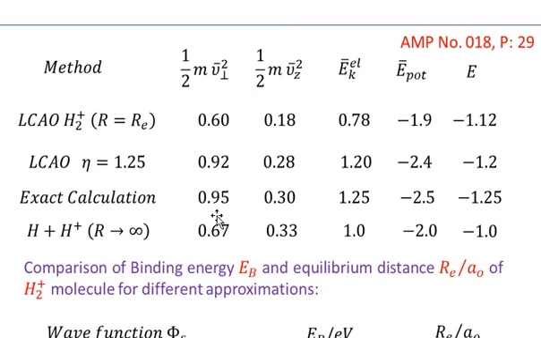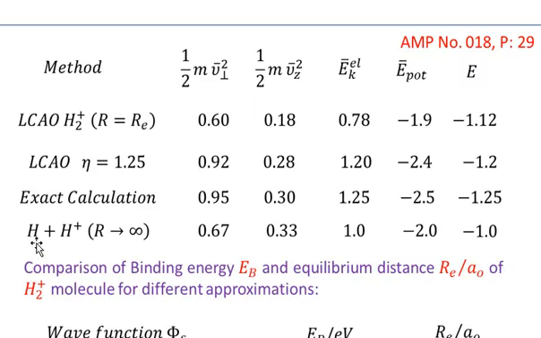The exact calculation gives you 0.95, 0.30, 1.25, minus 2.5, and minus 1.25 as the total energy. This exact calculation provides a reference for the comparison of other values. If the other values are close to the exact calculation, then of course you can assume that those methods give values close to the exact calculations.